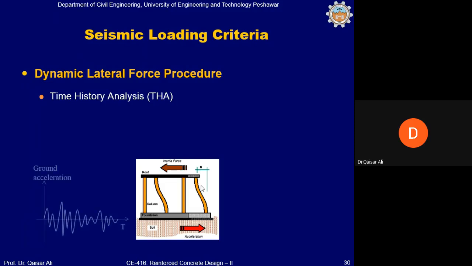So this is basically done like this. The digitally recorded data or artificially generated accelerogram, in the form of values, is applied to the base of the structure in the form of u double dot g, or ground acceleration.